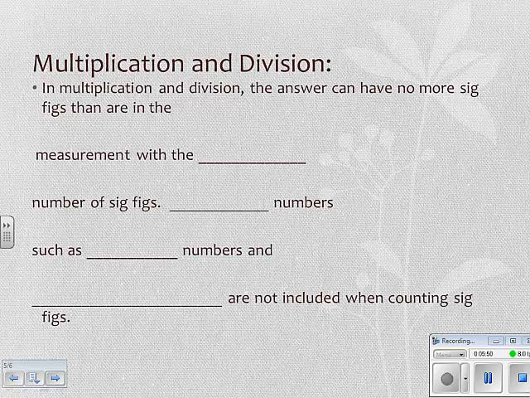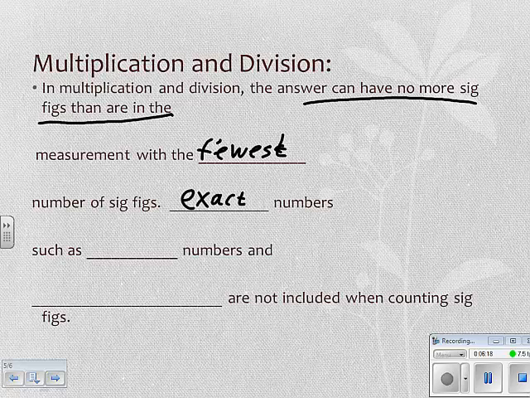Now, obviously, you've got to be able to do math problems working with significant figures. The key thing is the answer can have no more significant figures than the measurement with the fewest number of significant figures. And then exact numbers, such as counting numbers and conversion factors, are not included when counting sig figs.